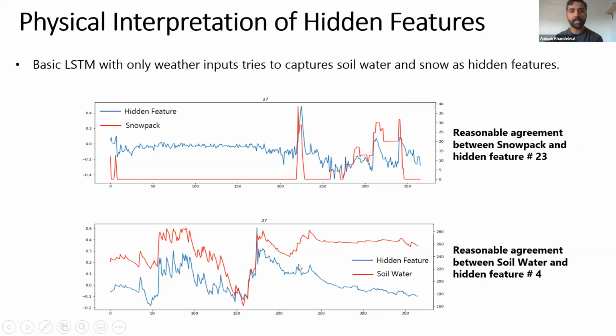And similarly, if you look at soil water, we see hidden feature number 4 shows a reasonable agreement with soil water. So here we are looking at 1 year's worth of data. So again, this is another way to validate that yes, these two states are important in doing a good job in estimating stream flow, and a basic LSTM is automatically trying to capture this.